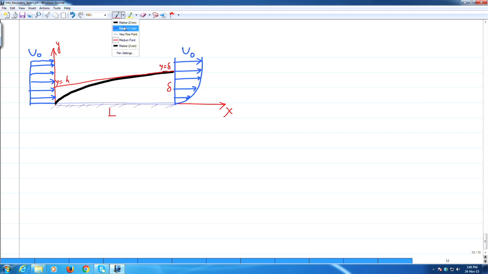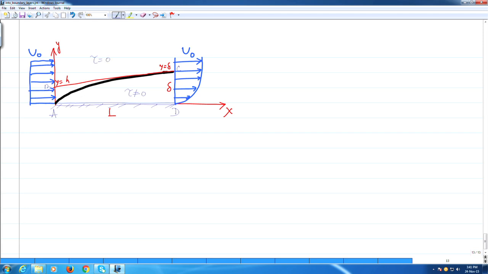So I'm going to label this as A, this bit as B, this as C, and this as D. This is what we know: shear stress is not 0 here, and shear stress is 0 here.